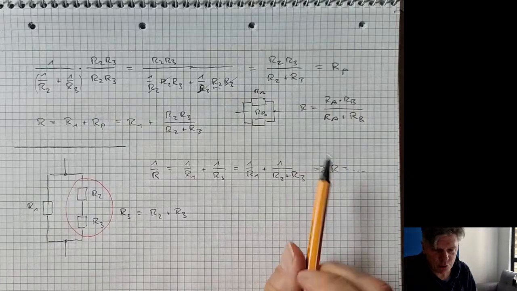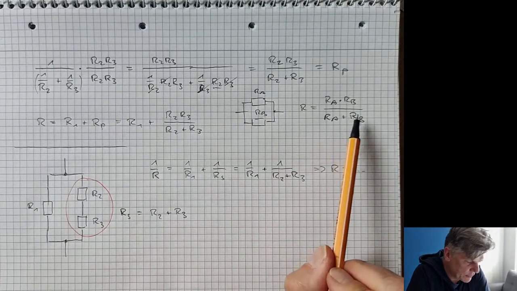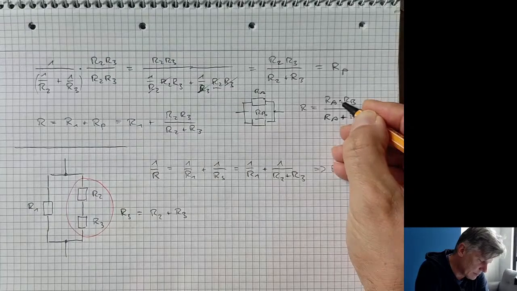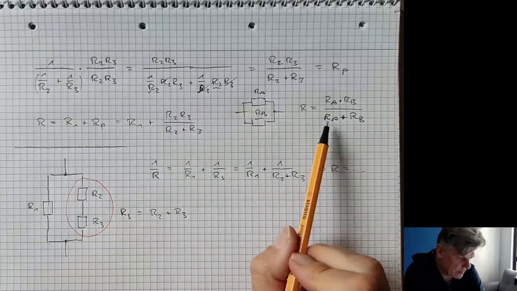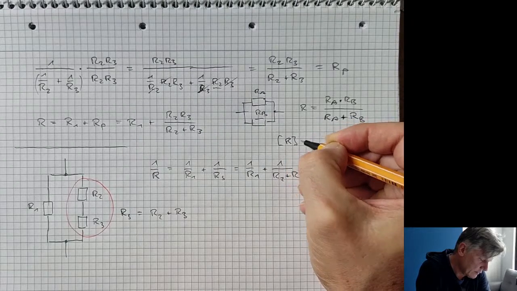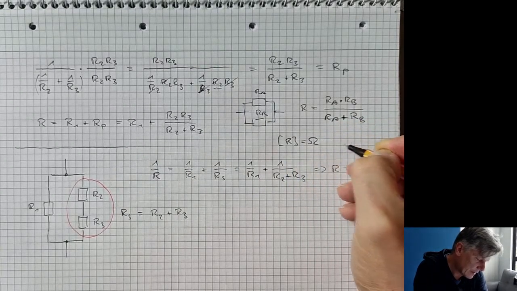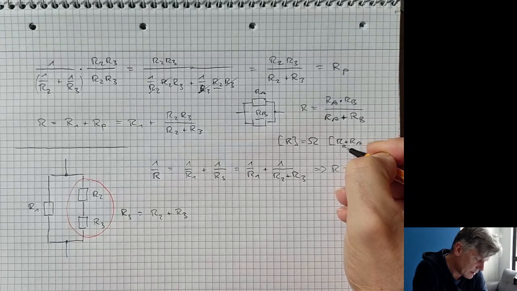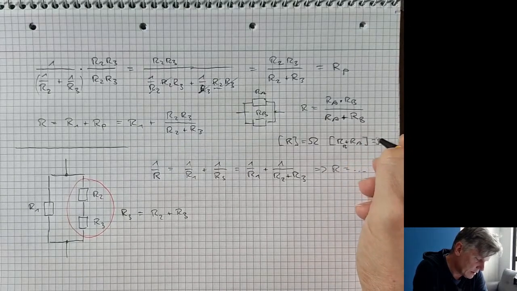So in case you confuse or forget where to put the plus and where to put the multiplication, you can have a look at the units, right? Because the unit of R is of course ohm. The unit of the sum RB and RA is also ohm.